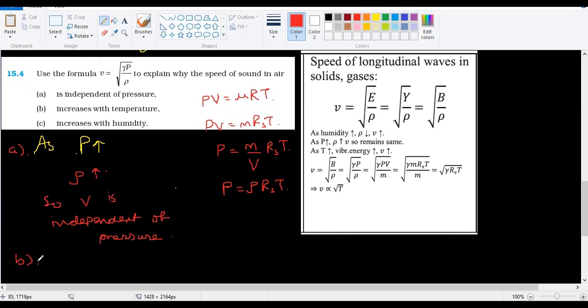Second one is increases with temperature. Let's see how I can explain that. In place of P, I can put rho RST, right? So that means I can say V is equal to root of gamma, in place of P, I'm going to put rho RST.